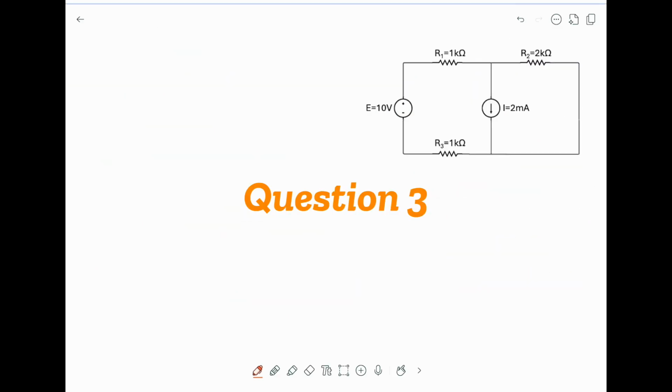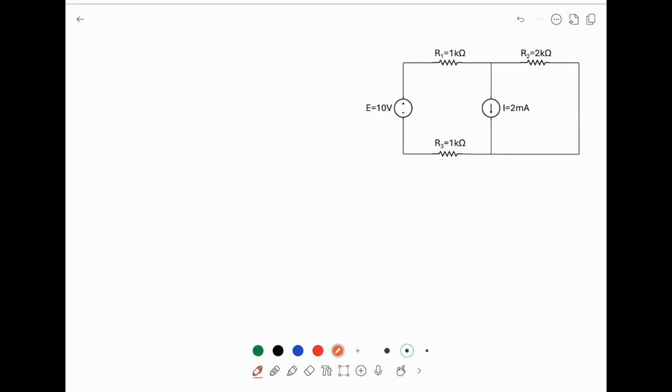Again, we will apply mesh analysis in this circuit. So I can draw the first loop, loop 1, and assume the mesh current is I1. I also draw the second loop, loop 2, and the mesh current is I2.